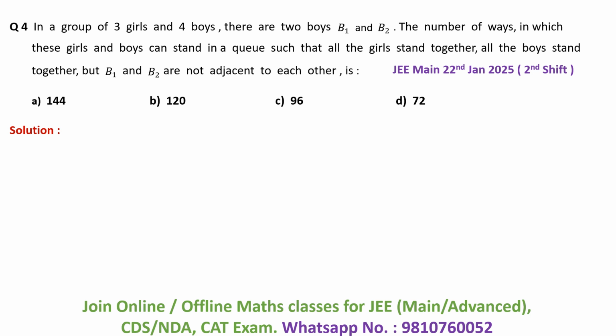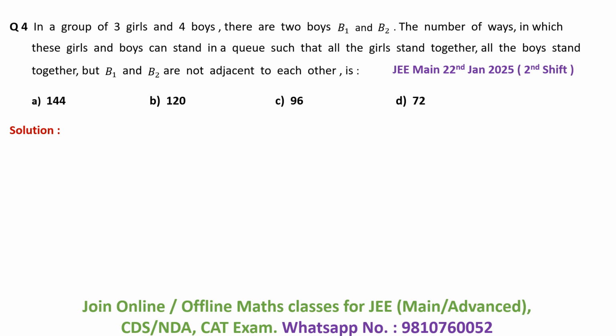Now in order to solve this problem, we will first find the total number of ways in which these 7 children can be arranged among themselves in a queue such that 3 girls are standing together and 4 boys are standing together. And then from this value, we will subtract the number of ways of arranging these 7 children in a queue such that 3 girls are standing together, 4 boys are standing together, but at the same time, B1 and B2 are adjacent to each other.